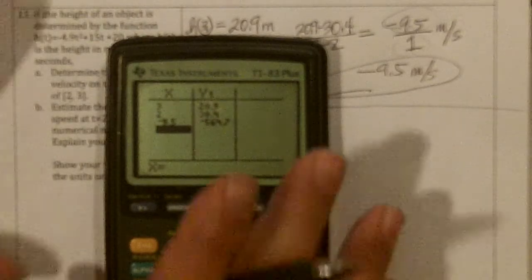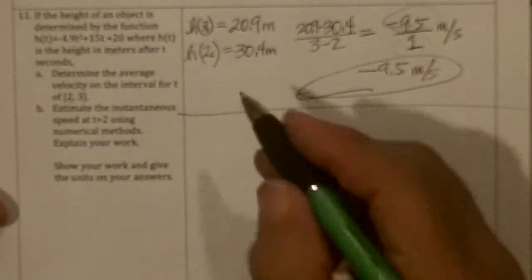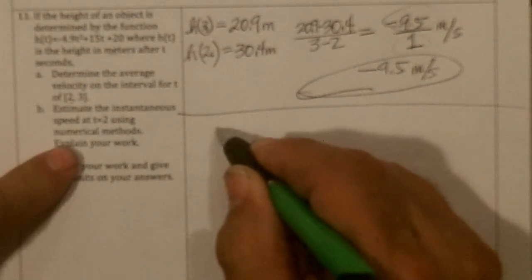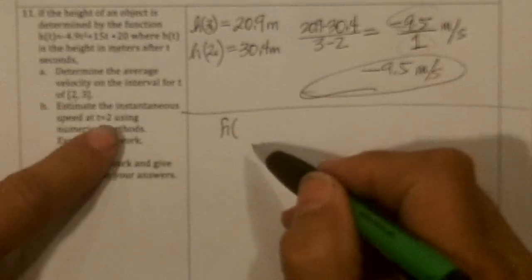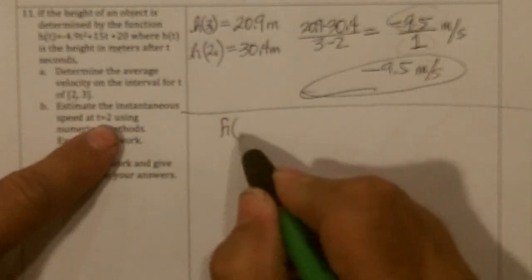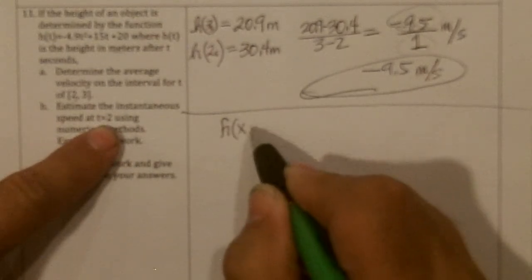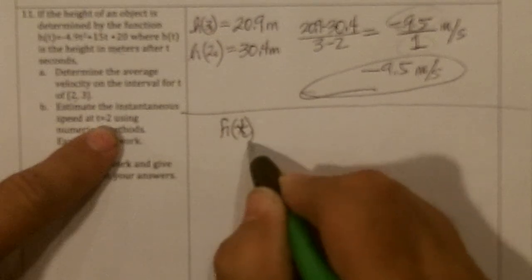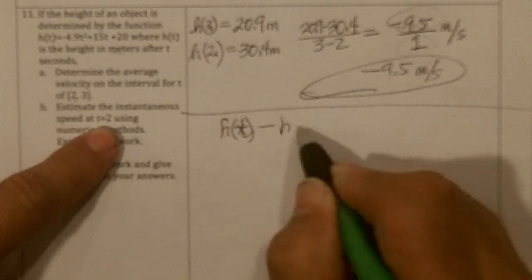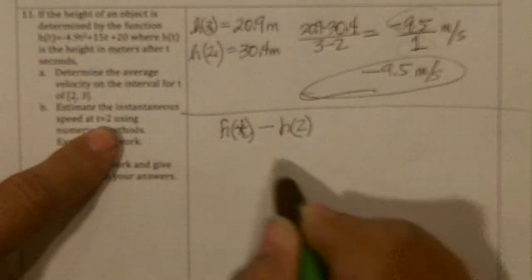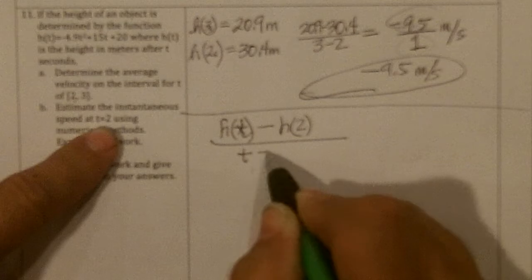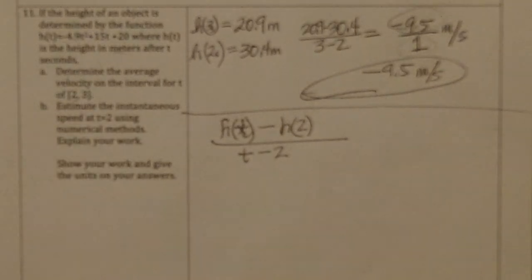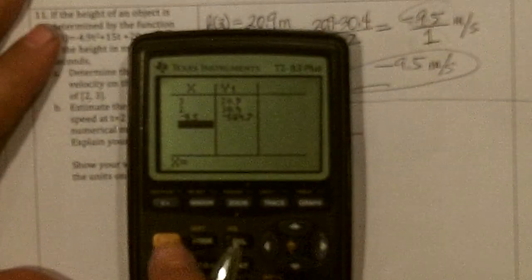We're not doing the height, we're doing the velocity, which means you have to do the height at some place close to 2, I'll just say at t, minus the height at 2, over the time close to 2 minus the time of 2. So we need to write that equation in here now.